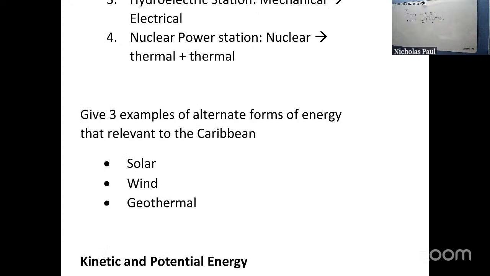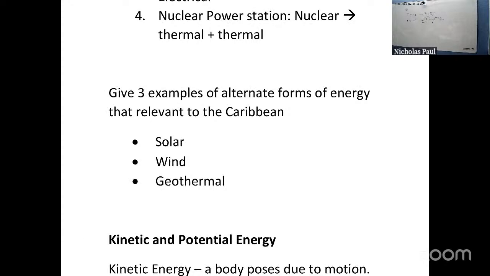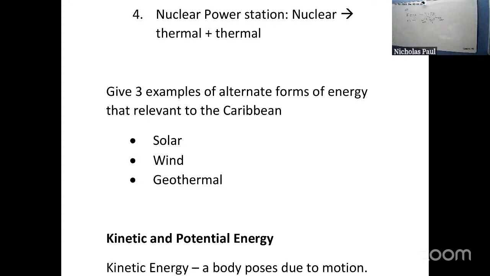Right? Three examples of alternate forms of energy: solar, wind, and geothermal. So for your homework, I want what each one is. What is solar energy, wind energy, geothermal?